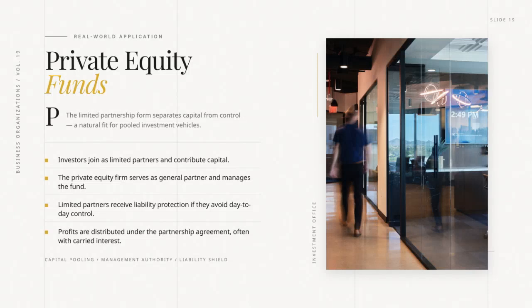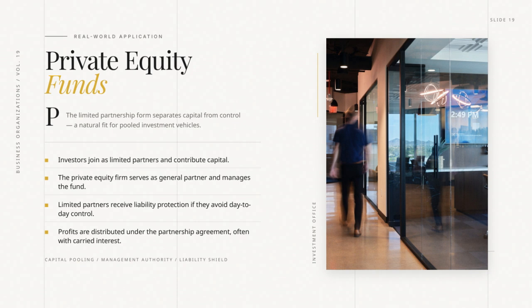Here, we're looking at how the limited partnership structure plays a crucial role in private equity funds. Essentially, this setup separates capital from control, making it ideal for pooled investments. Investors come in as limited partners, meaning they contribute the money but don't manage daily operations. The private equity firm acts as the general partner, taking charge of managing the fund.